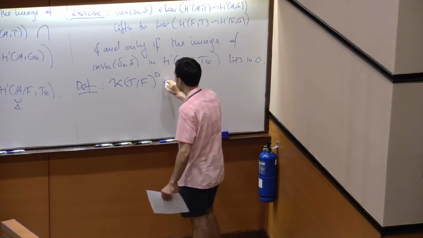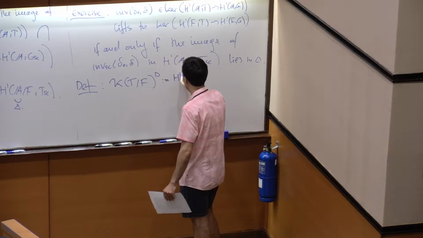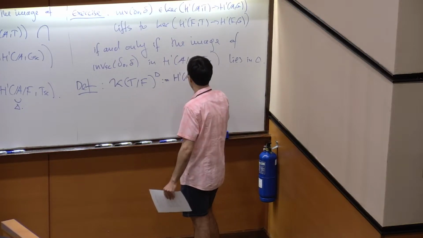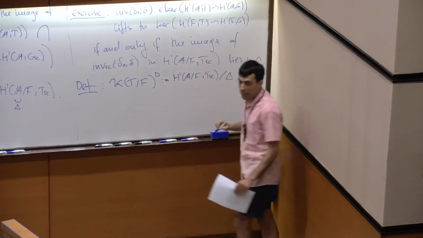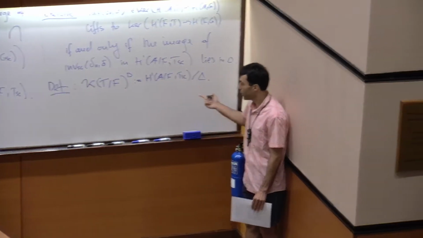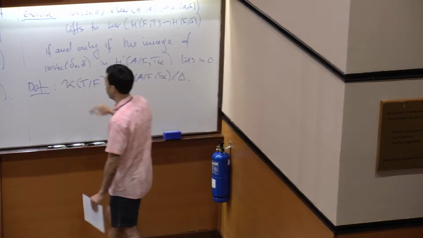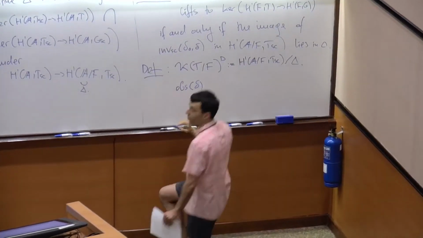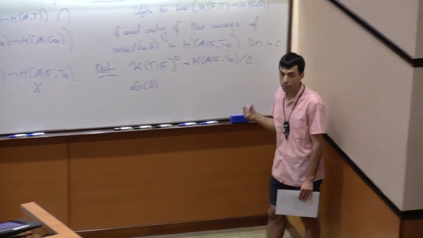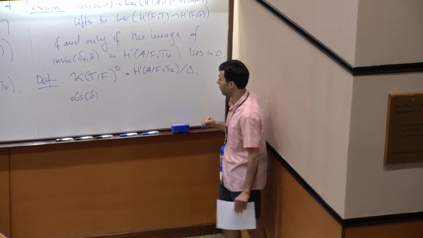So we're going to define this to be just the quotient of H1(A mod F, T)_sc by this subgroup delta. And why did we define it this way? Because then we're going to define an element obs of delta. Obs will stand for obstruction, and you'll see in a moment why obstruction is a good name for it.